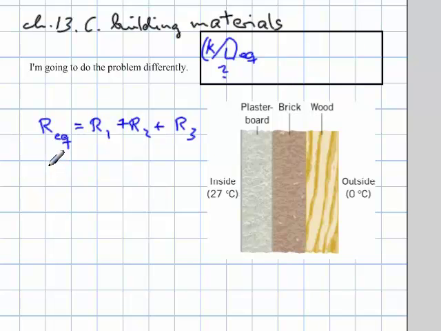So this is the way I can write it. The equivalent resistance then is the equivalent conductivity 1 divided by, because it's the reciprocal of the resistance, and then plus the reciprocals of the others.